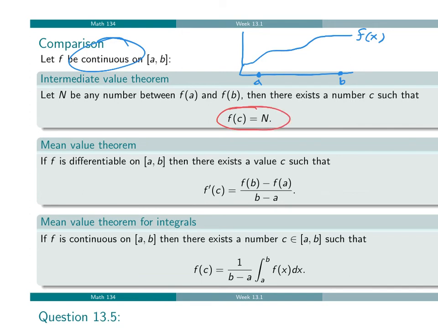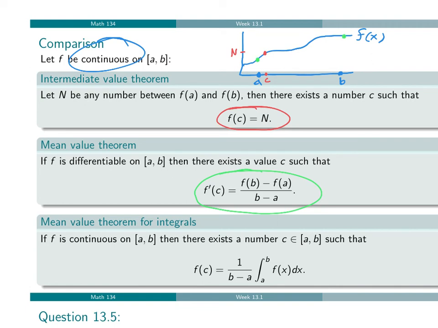So if you want to find a particular height, the intermediate value theorem says that that height exists. So maybe n is my particular height, and somewhere along the line there is a c where that height exists. Now if you want to find the slope by connecting the endpoints, that slope will also exist.